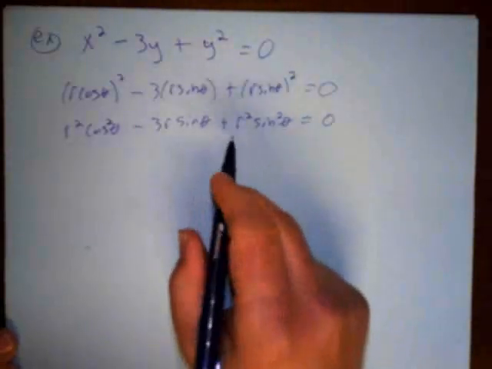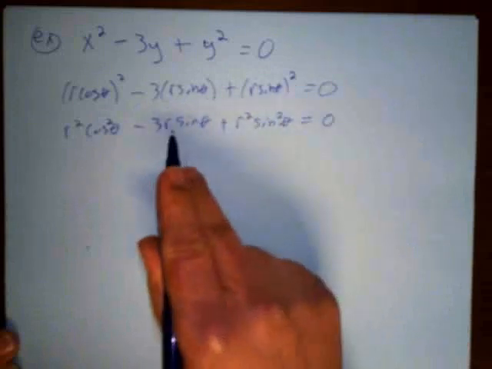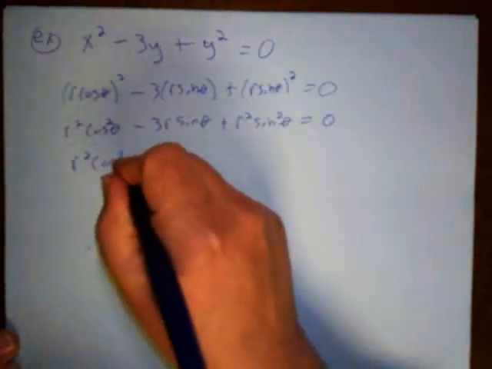Okay, now watch what I do. I'm going to bring these together, and I'm going to move that 3r sine to the other side. And if I do that, I would get this.